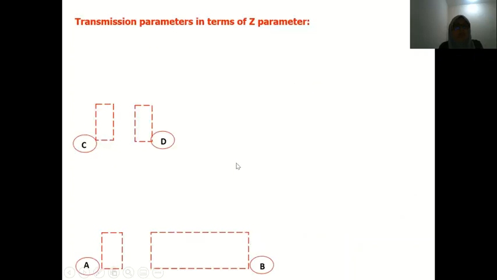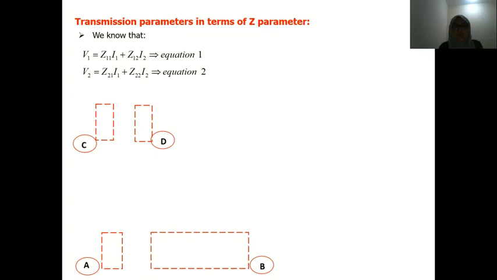Now for the transmission parameters in terms of Z parameters. You can get the T parameters when you obtain the Z or Y parameters. First, we look at the transmission parameters in terms of the Z parameters.